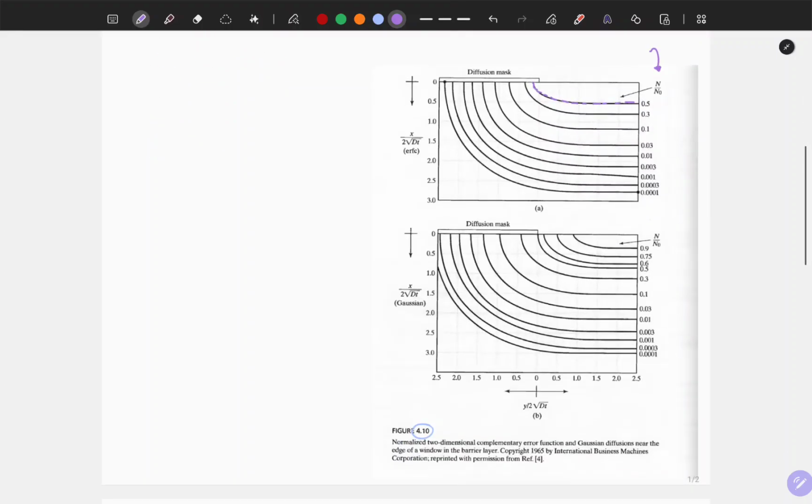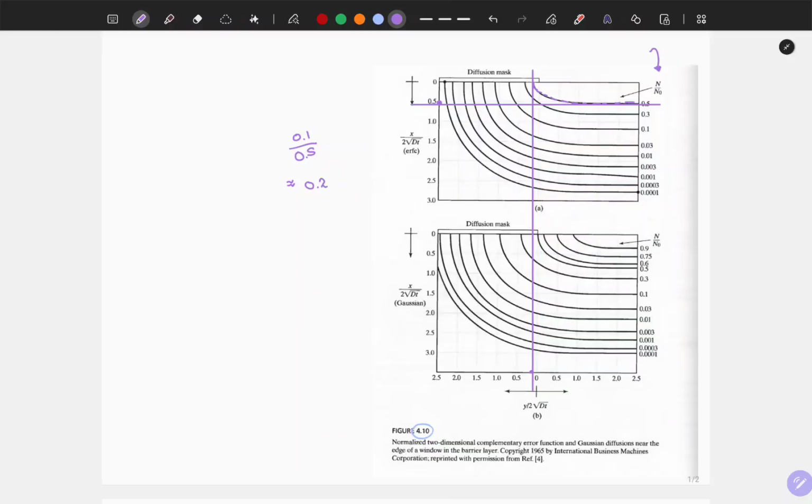If you follow that line, what's going to happen is, if you follow it vertically and then horizontally, you get a value of approximately 0.1 over 0.5.